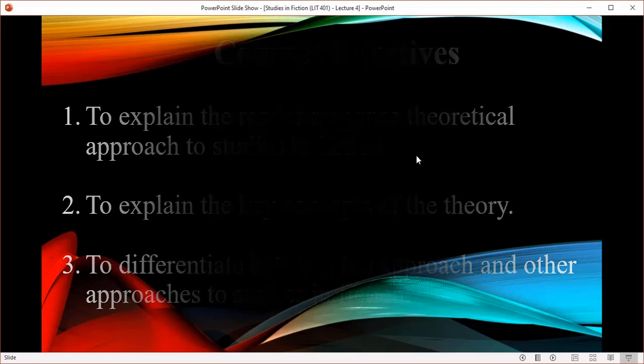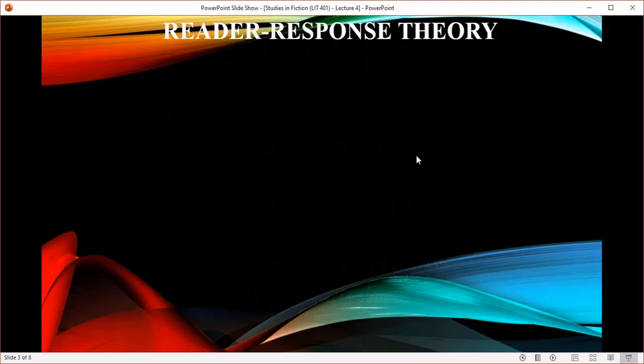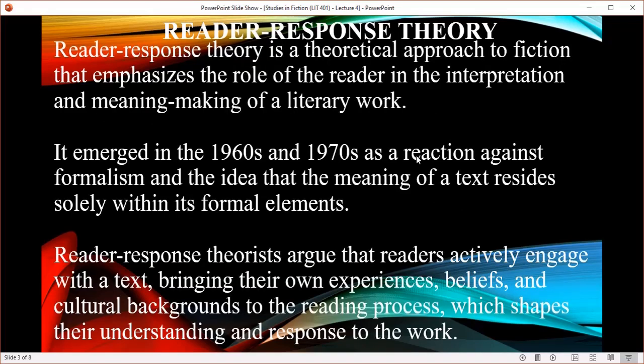Now, let's look at the theory for this lecture, and that is reader response theory. This theory is a response to formalism theory. Don't forget that in formalism theory, emphasis is on the internal structure of the text.